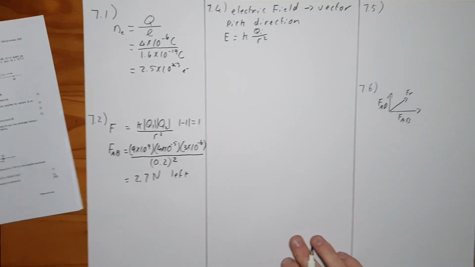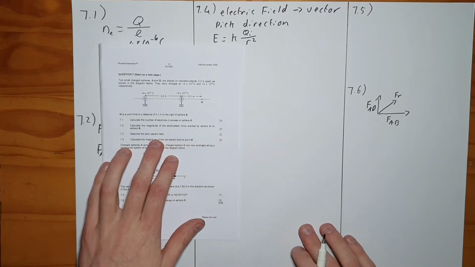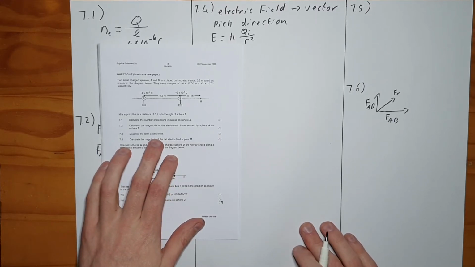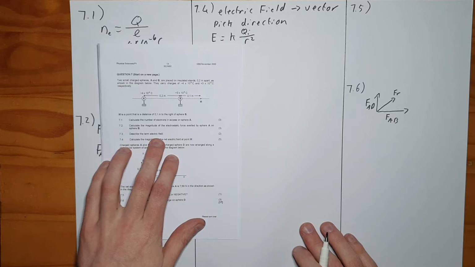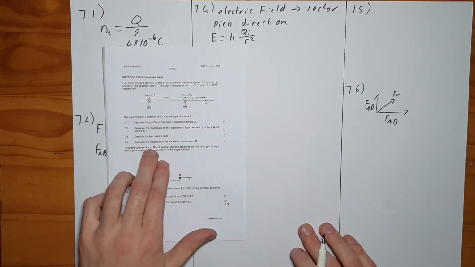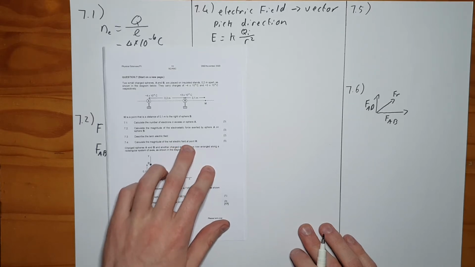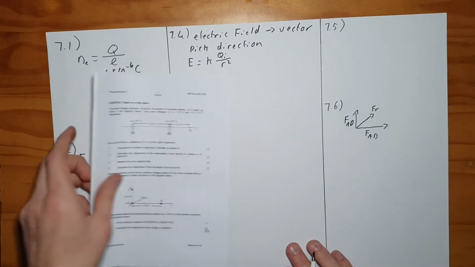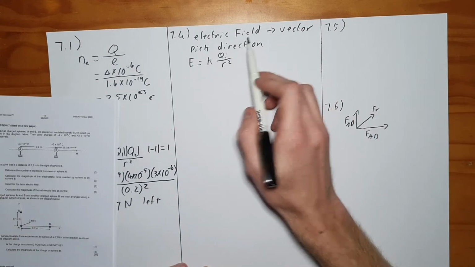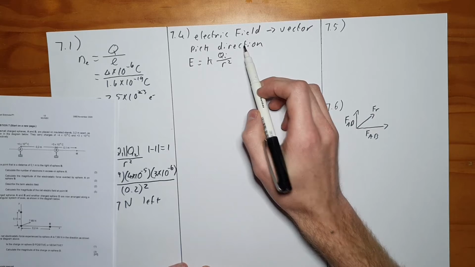Now 7.3 is a definition for electric field, so you can go and look up your definition for electric field and write it out word for word. Moving to 7.4, it says calculate the magnitude of the electric field at point M. Please remember, the electric field is a vector, so we need to pick a direction.